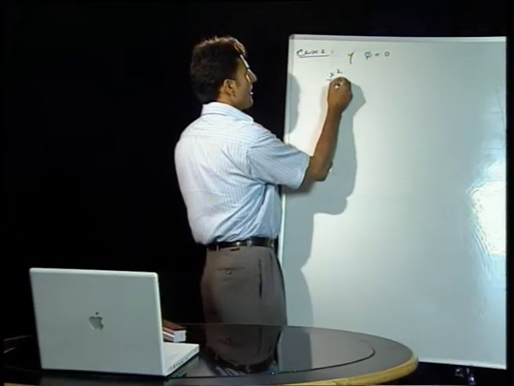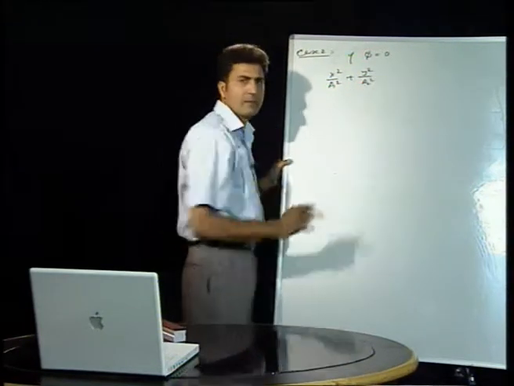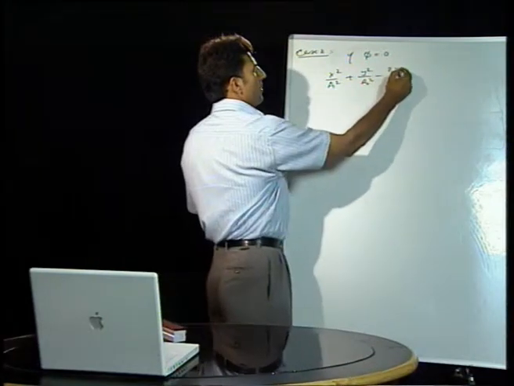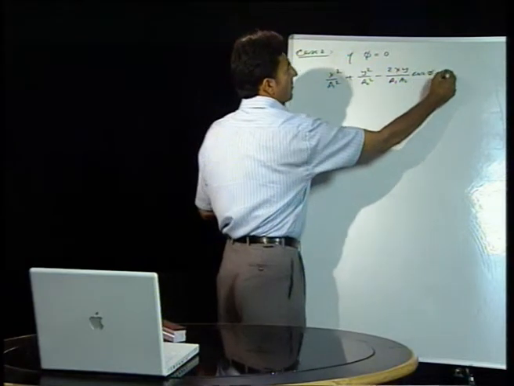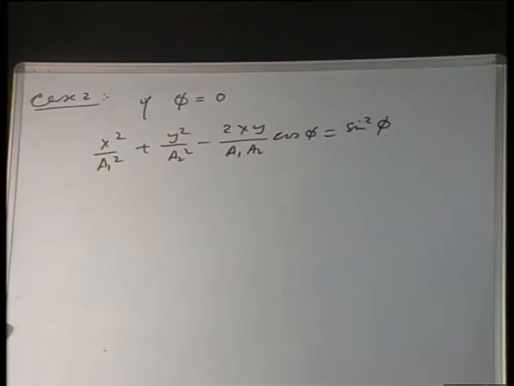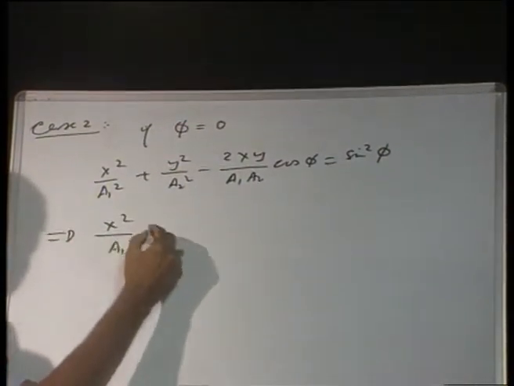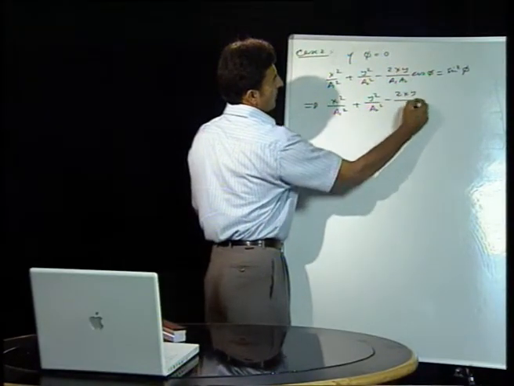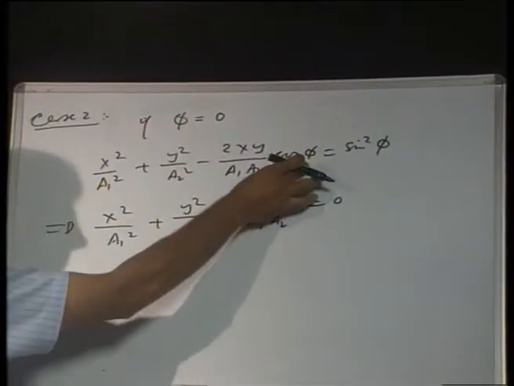It's x square by A1 square plus y square by A2 square minus 2xy by A1 A2 cos phi is equal to sine square phi. So it will become x square by A1 square plus y square by A2 square minus 2xy by A1 A2 is equal to 0, because this term is 1, this is 0.